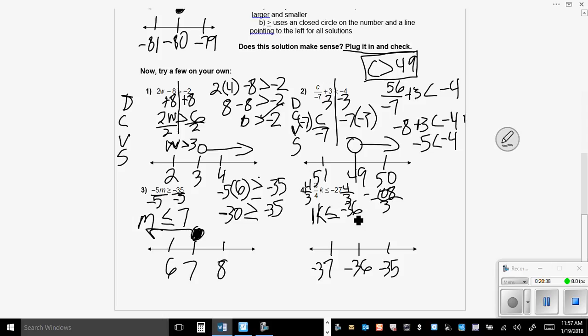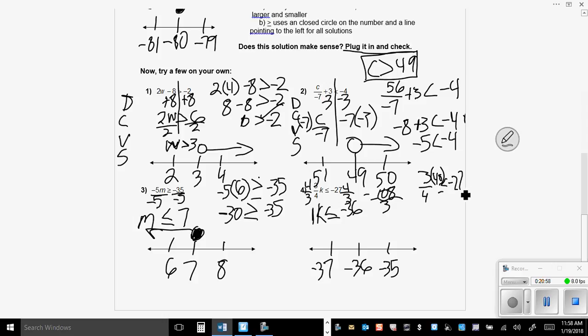If we have K less than negative 36, we can use negative 40. The 3 over 4 times negative 40, that's going to be less than or equal to negative 27.